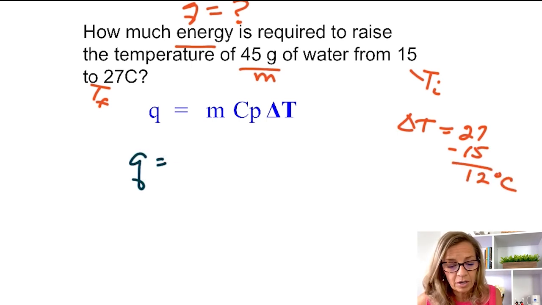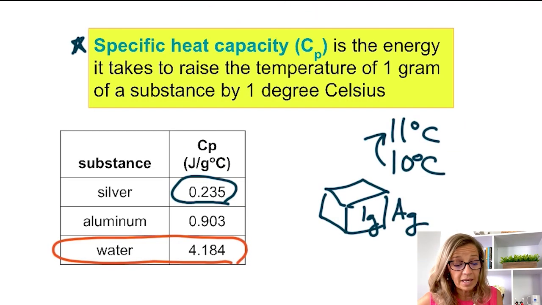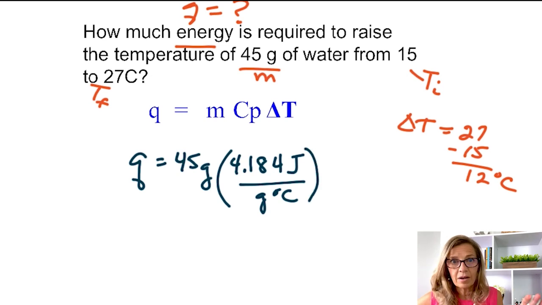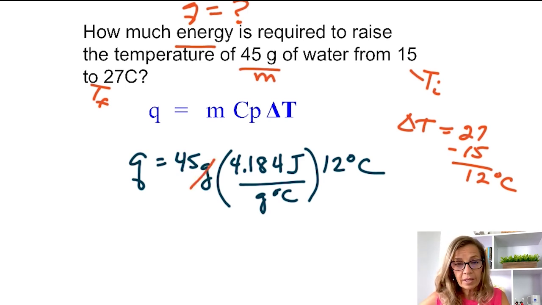Here is our Q is equal to the mass times the specific heat, which I'm going to grab off of this table. There it is for water. And that would be 4.184 joules per gram degrees C. All those units go with it, times my delta T, which is 12 degrees C. Now, watch what happens when we multiply. Grams on the top cancel grams on the bottom.